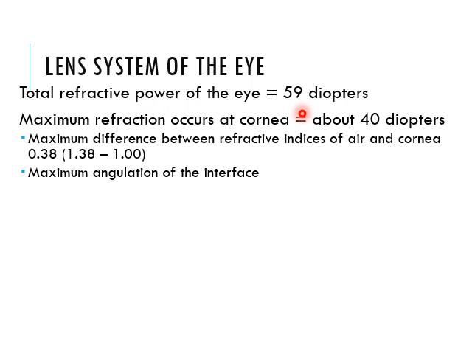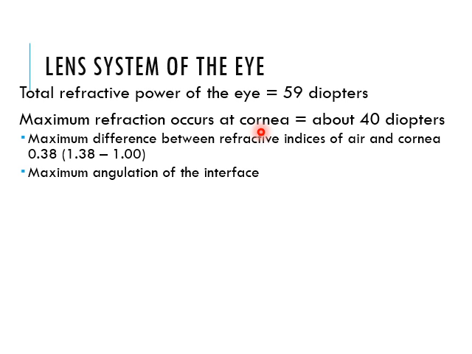about 59 diopters, and maximum refraction usually occurs at the cornea. Why? As you guys might have thought, the maximum refraction would be occurring at the lens, but no. It is the cornea, because the refractive indices of the air and the cornea have a maximum difference between them.